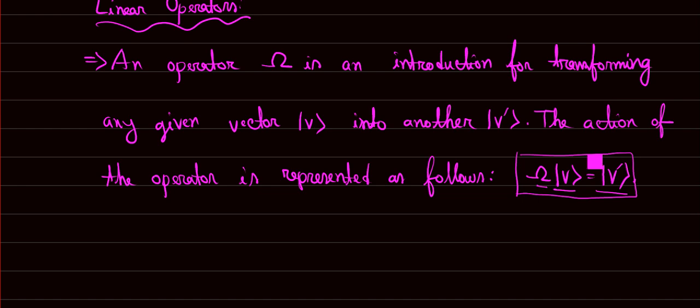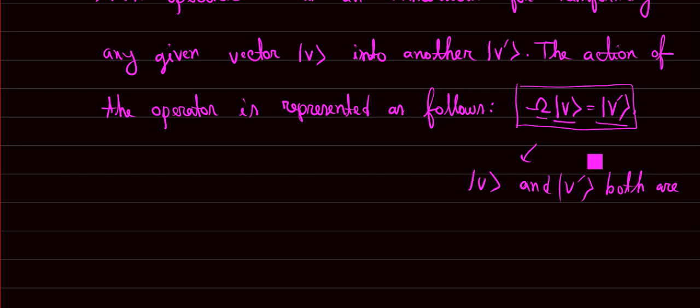That means V and V prime vectors are both elements of the same vector space.